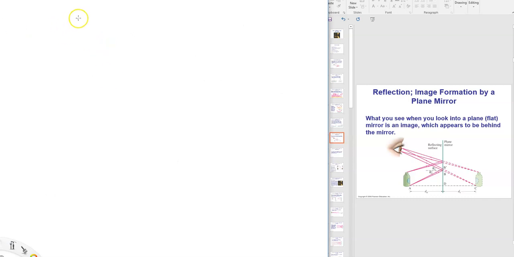Let's say this is a mirror, like a dressing table or something, and you are standing in front of it. So this is you. You can see yourself, your image inside it. Or if there are, let's say, some flowers in the room, you can see the image of the flower.